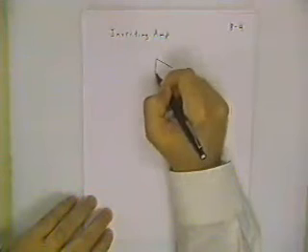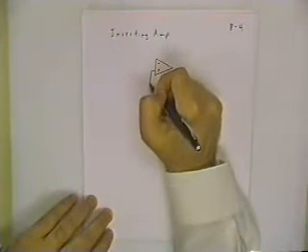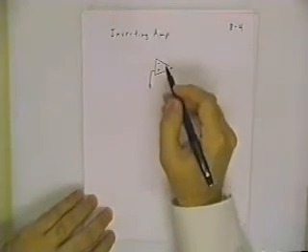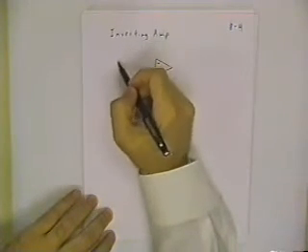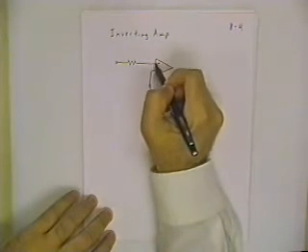So let's start off with the inverting amplifier. If you only have time to really study and understand one op amp circuit, this is the one to do, because everything else is based on this basic layout.